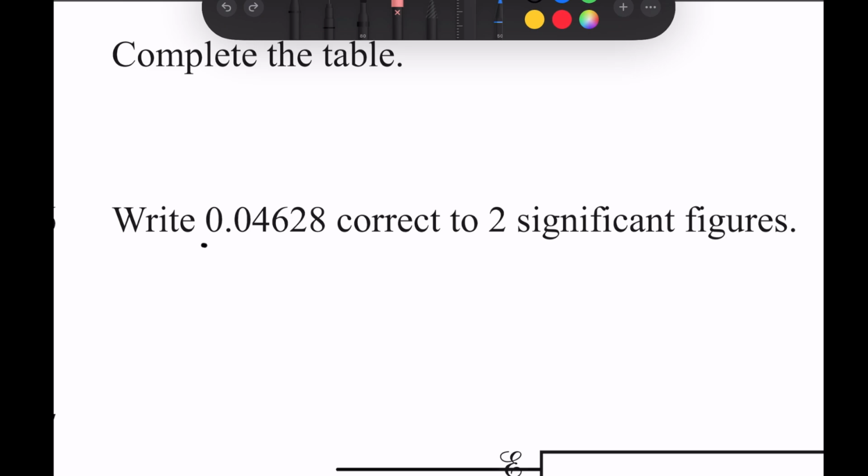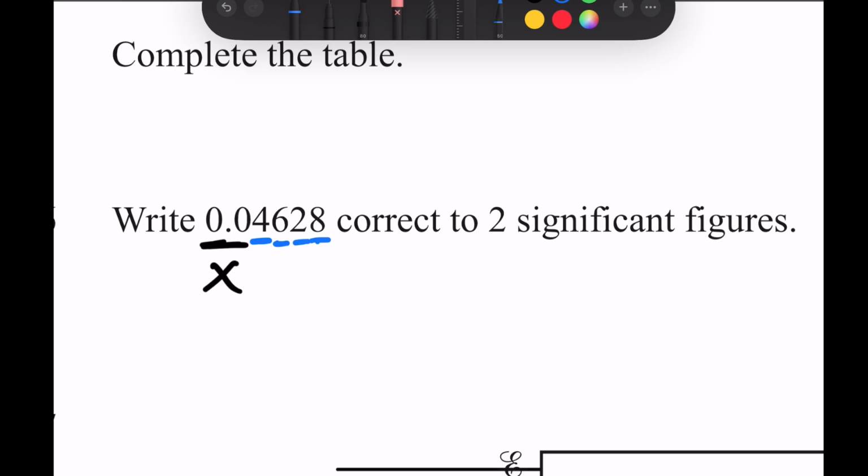So if the first digit is a 0, this means that all the zeros that are before the first non-zero digit, which is in this case 6, do not count as significant figures. Therefore, they don't contribute to any significant figures. So 6, which is a non-zero digit, is the first significant figure, 4 is the second, 2 is the third, and 8 is the fourth.